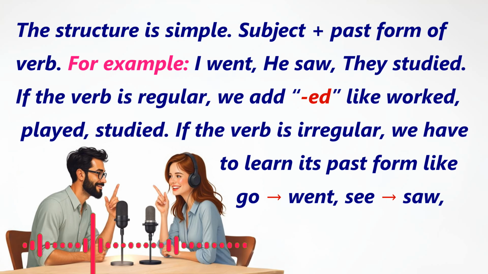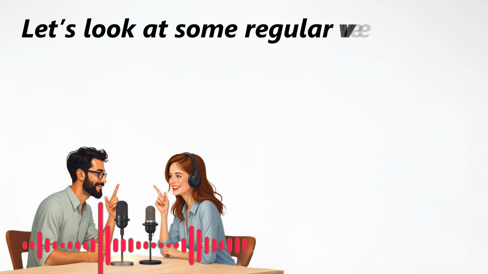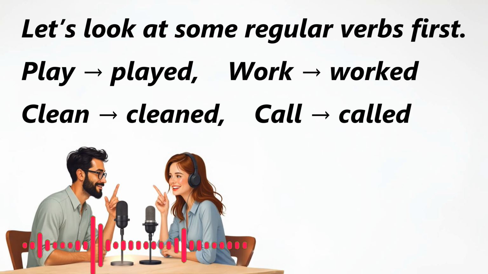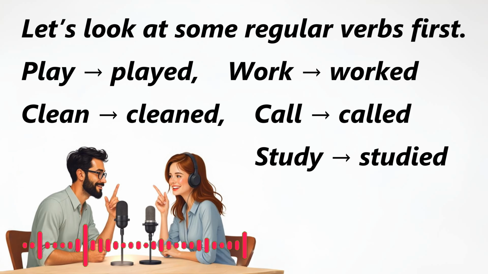If the verb is regular, we add ed, like worked, played, studied. If the verb is irregular, we have to learn its past form like go, went, see, saw, eat, ate. Let's look at some regular verbs first. Play, played. Work, worked.